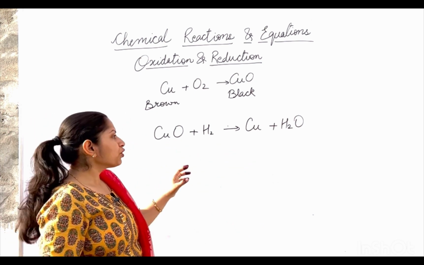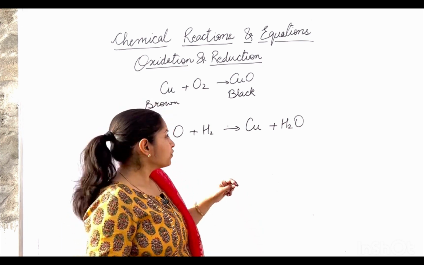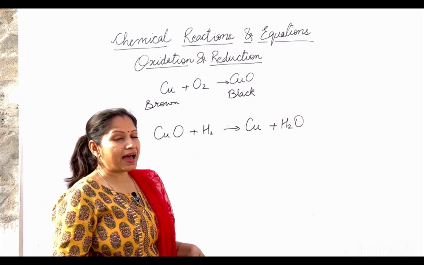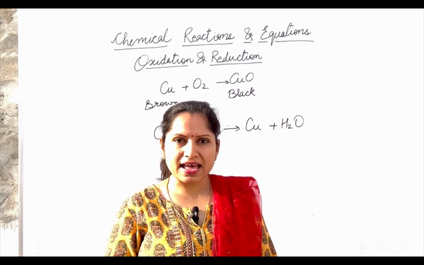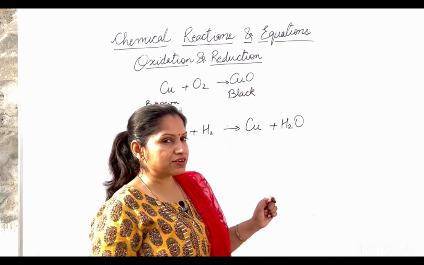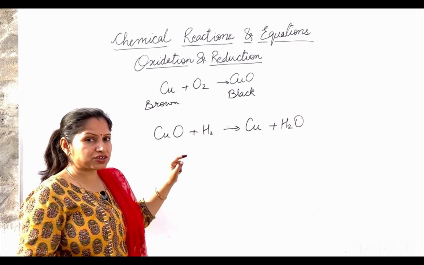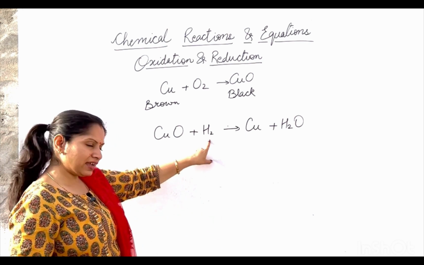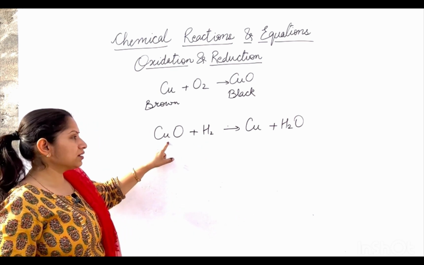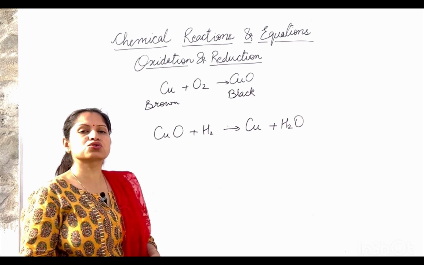Apart from that, what we have discussed earlier, let's just recap that hydrogen is more reactive than copper, and so this is an example of a displacement reaction also, because a higher reactive element like hydrogen is displacing oxygen from a lower reactive element, that is copper.